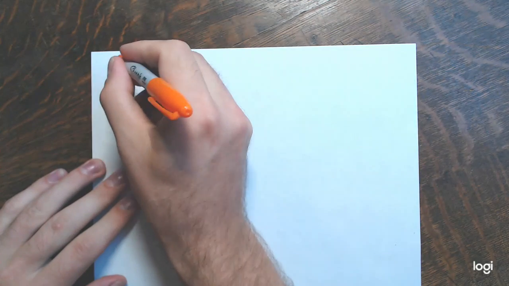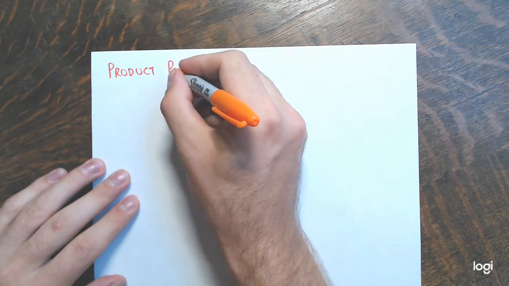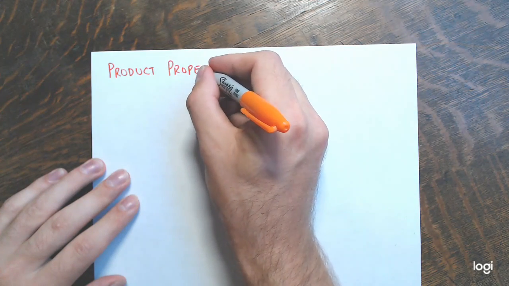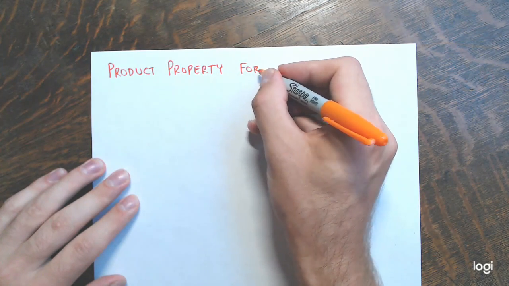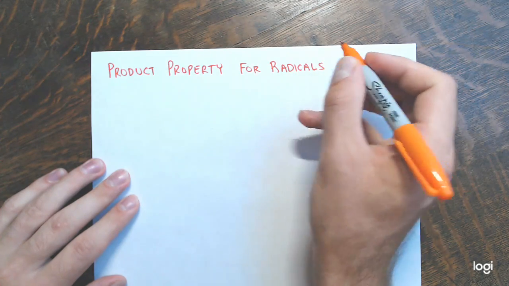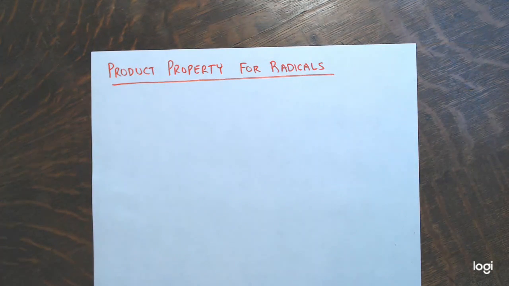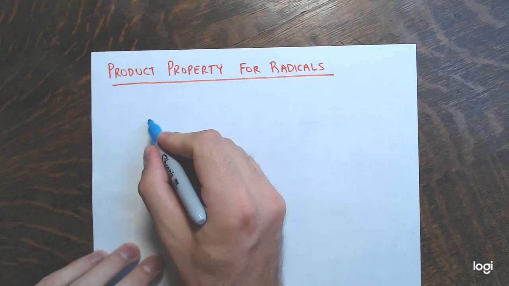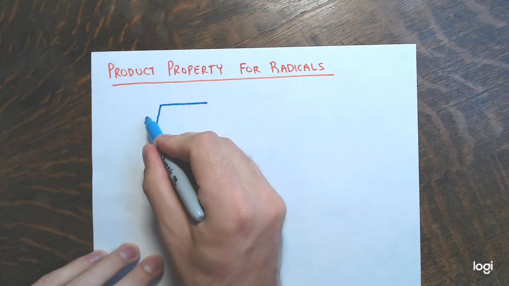So what is this product property for radicals? This is a statement saying the following. If I have a radical, you see the radical symbol, the root symbol, and then index n.